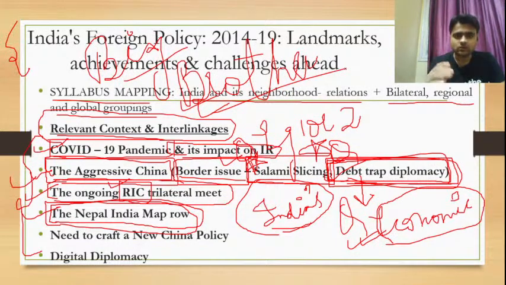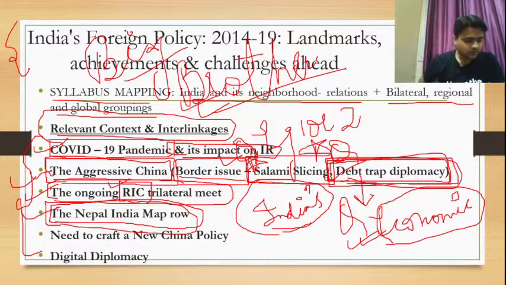So do we need to rethink our relation with Nepal, and what type of equations Nepal is trying to play with China? Nepal and China together are trying to play their own card to further their own interests with India. This is a very complex scenario, and we need a foreign policy where we can address the concerns of both Nepal and China in such a manner that they cannot pressurize India by colluding or collaborating among themselves. That is the main point.